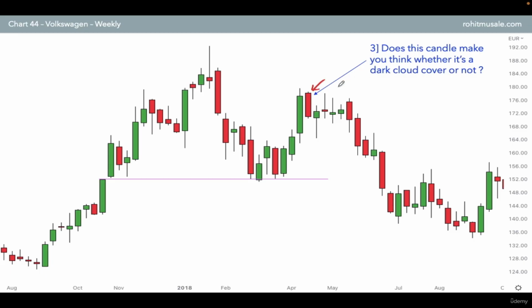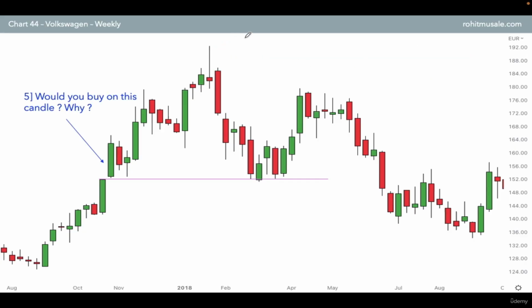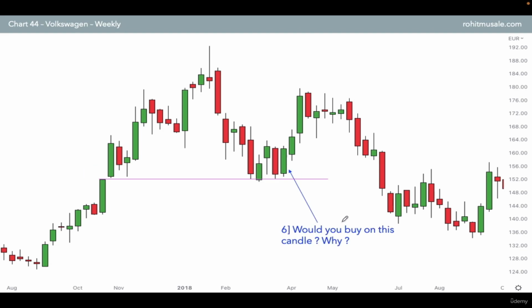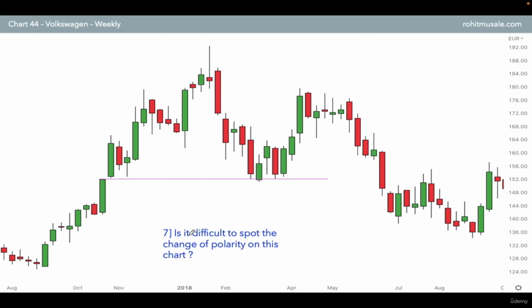So this red candle. Number 4, would you pay attention to shooting stars like these and why? So this one. Number 5, would you buy on this candle and why? So this one. Number 6, would you buy on this candle and why? So again, this green candle. Number 7, is it difficult to spot the change of polarity on this chart?